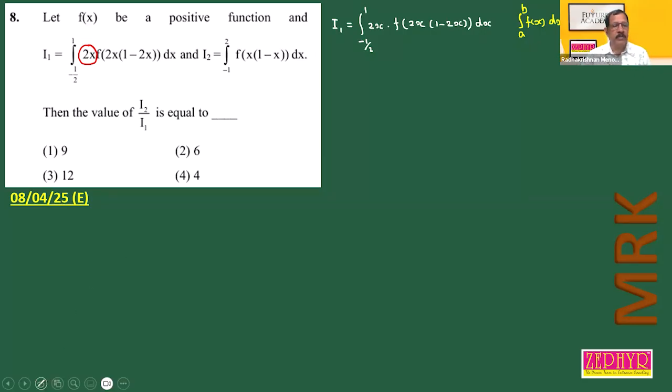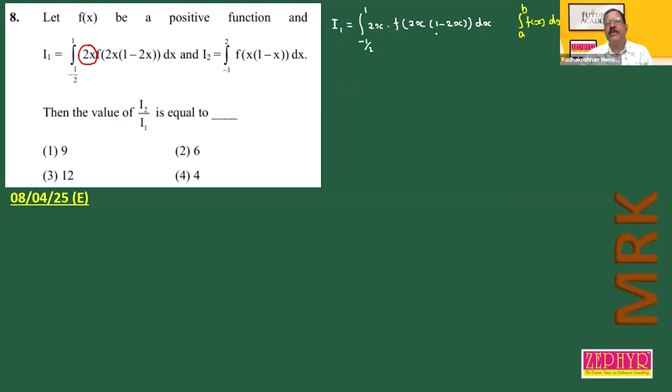You should understand this when such questions come. In the first definite integral, you have got 2x into. In I2, 2x is not there. It is directly f of x into 1 minus x. So how can we eliminate that 2x? By using this property.